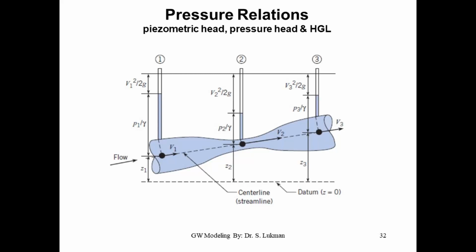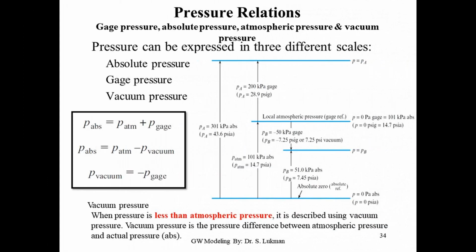Gauge pressure, absolute pressure, atmospheric pressure, and vacuum pressure. Most of you got the relationship between atmospheric, absolute, and gauge pressures correctly, in the sense that they wrote P absolute equals P atmospheric plus P gauge.